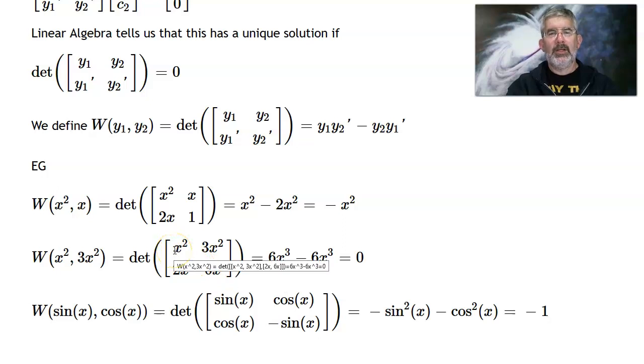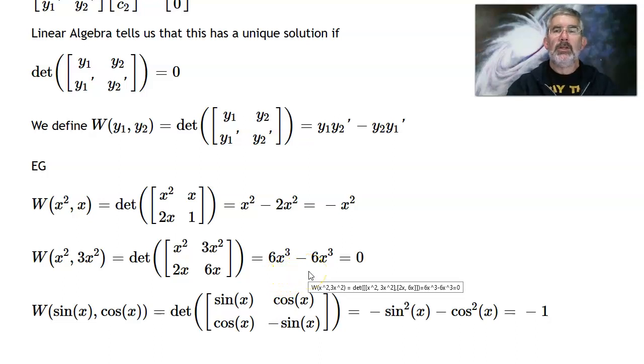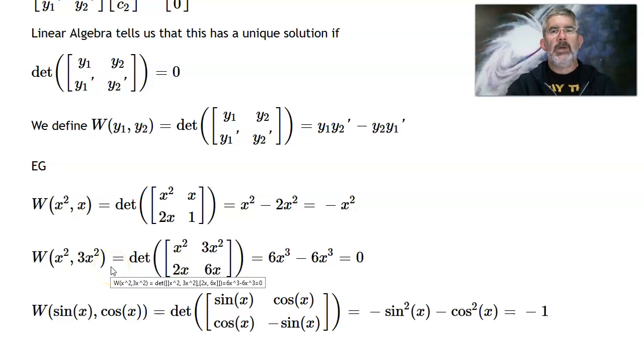Now, taking the determinant, the x squared times the 6x is 6x cubed, and the 3x squared times 2x is also 6x cubed, but I'm subtracting, right? It's this product minus that product. So 6x cubed minus 6x cubed is 0. And that is always 0 for every value of x, and that tells me that these two functions are dependent.